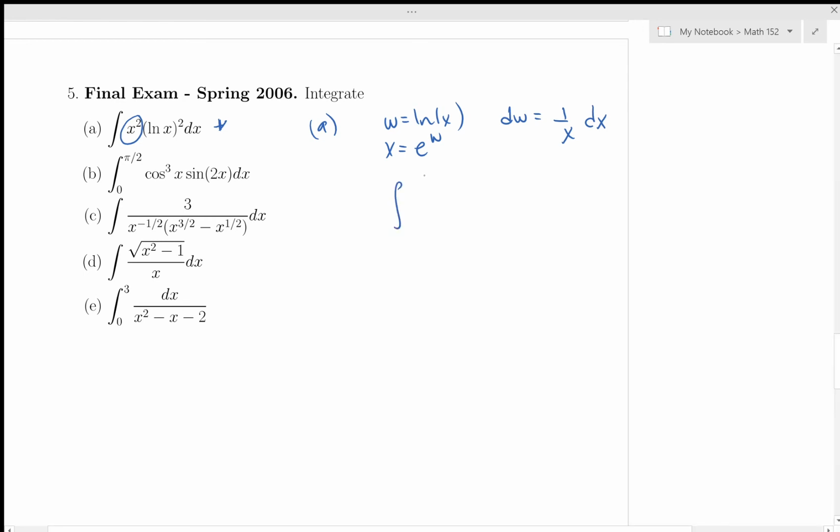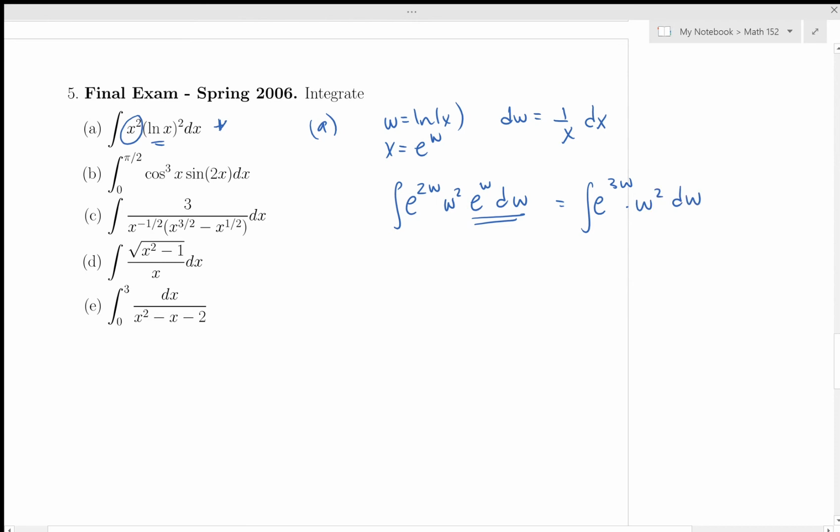With this substitution, this integral is going to become e to the 2w, that's the x squared, and then the log of x is w squared, and then the dx is e to the w dw. That's dx. Okay, so this then becomes the integral of e to the 3w times w squared dw.